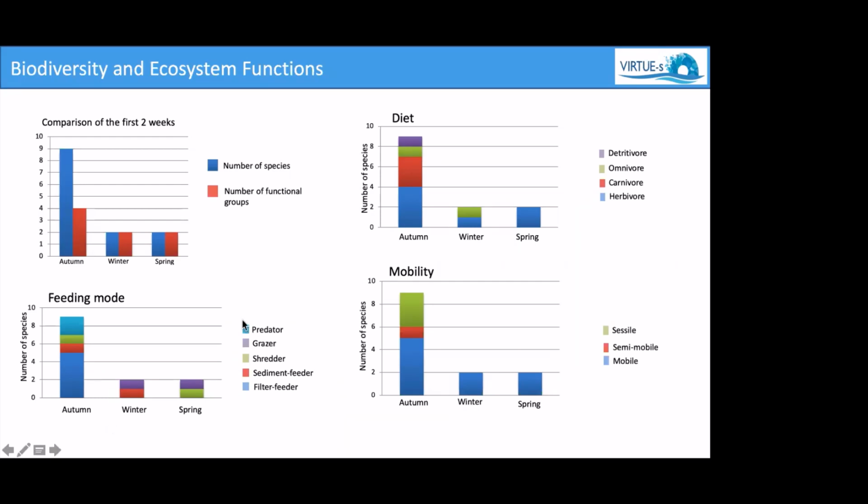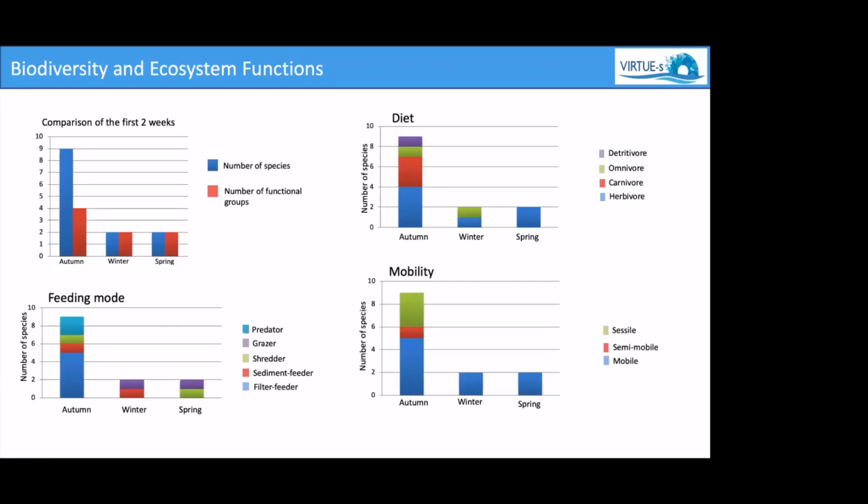And then we classify the organisms again according to their feeding mode, the diet, and their mobility. And they can see changes already in the species composition or the functional group composition of the organisms in the ecosystem.